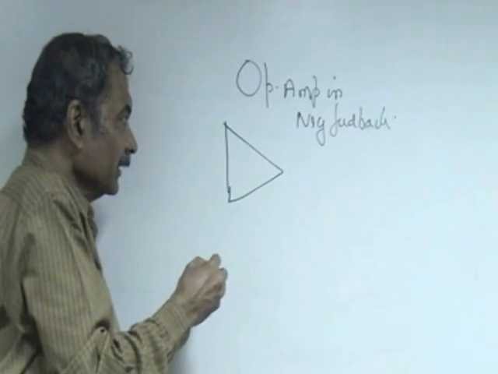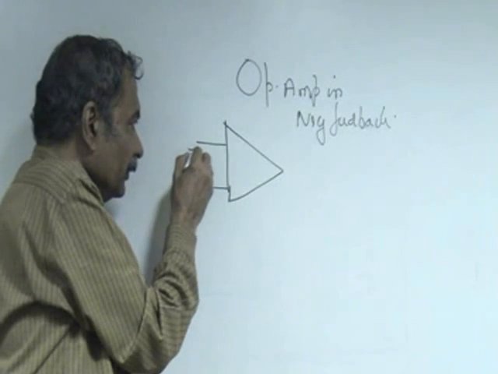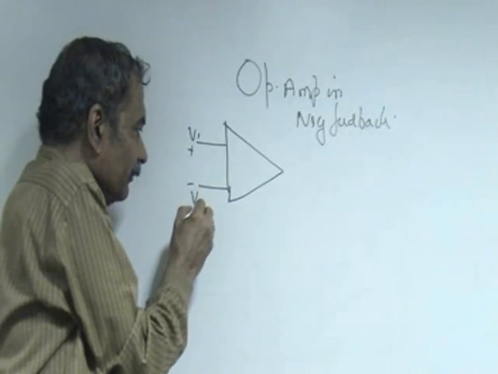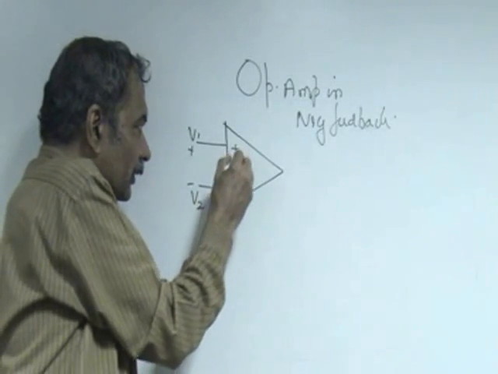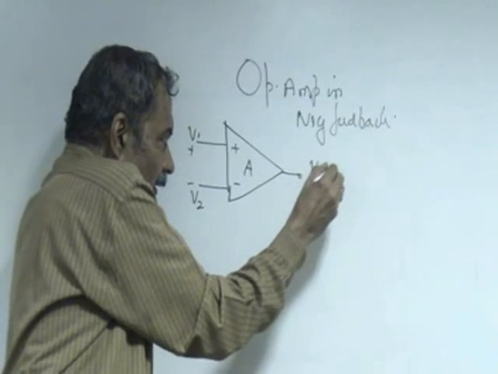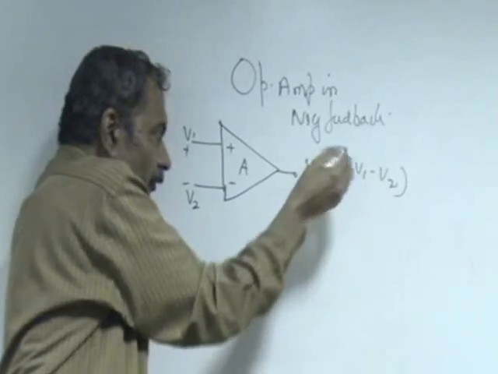Let us consider first the op-amp itself. It's nothing but a differential input stage with V1 at one and V2 at the other end of the input, such that output is A times (V1 minus V2).